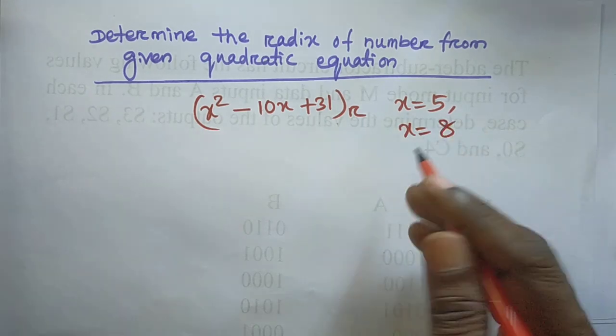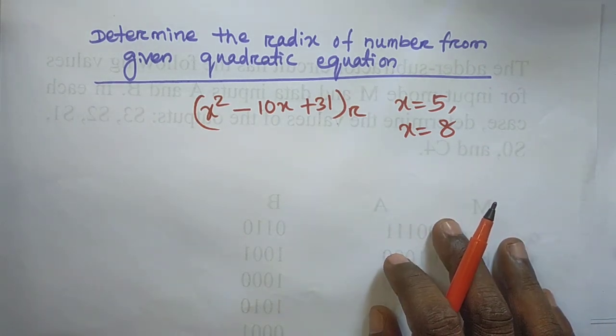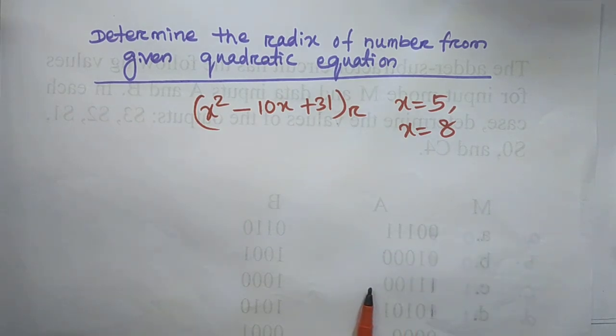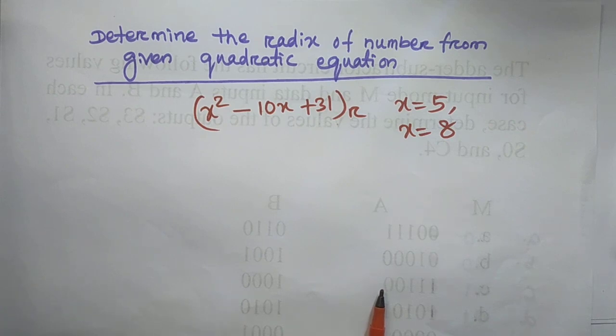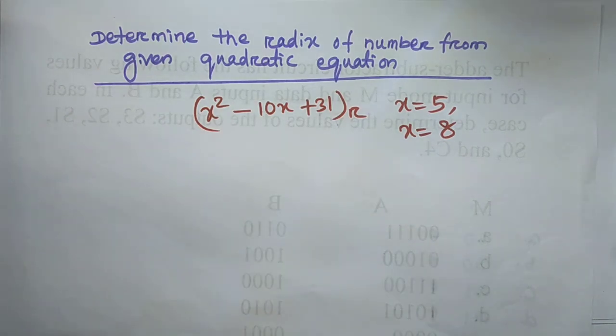For example, x is 5 is one solution and x is 8 is another solution. Now we will see how to solve this particular problem to determine the radix of a number. If this is the solution of the given quadratic equation, then we find out what the equation is.